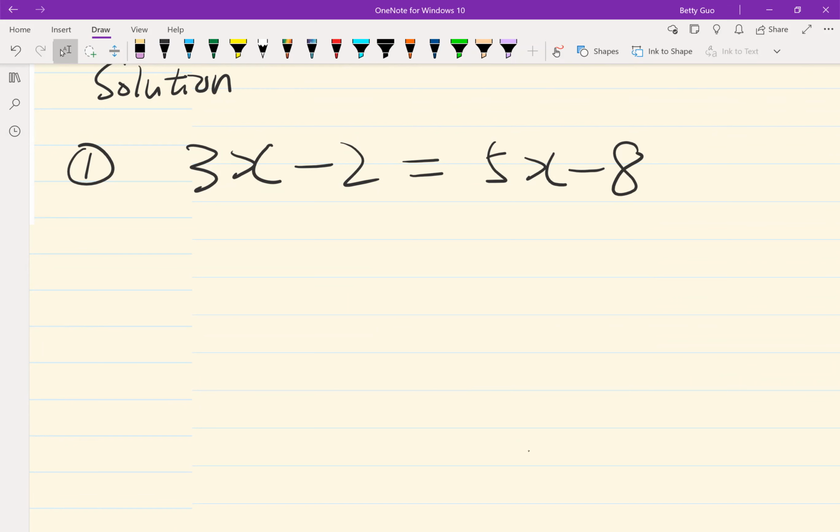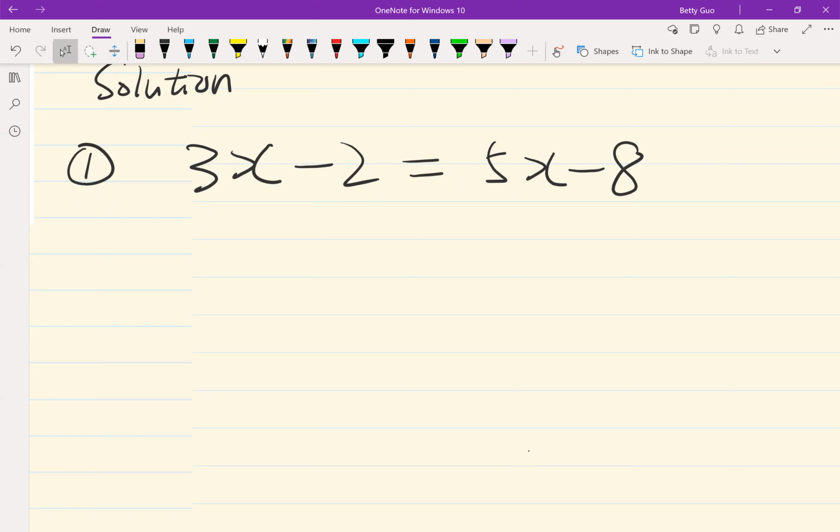Simplify each side separately. Let's see the left-hand side, 3x minus 2. Is 3x minus 2 already simplified? 2 terms. We don't have a parenthesis to remove, and we don't have like terms to combine. It's already simplified. The right-hand side is the same, already simplified.